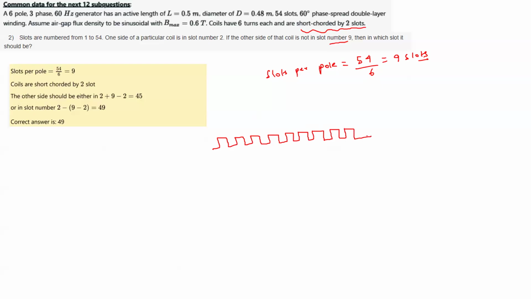So here, this is like the North Pole, and let us say this is the South Pole. So 1, 2, 3, 4, 5, 6, 7, 8. There are 9 slots, so 9 should also be under the North Pole.